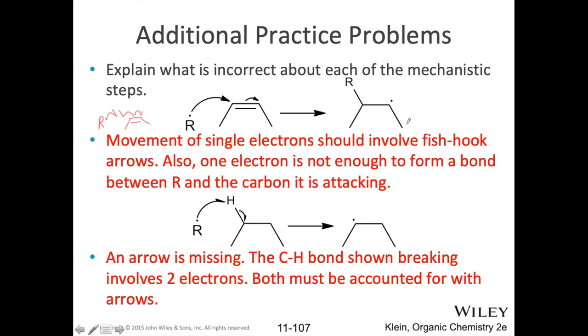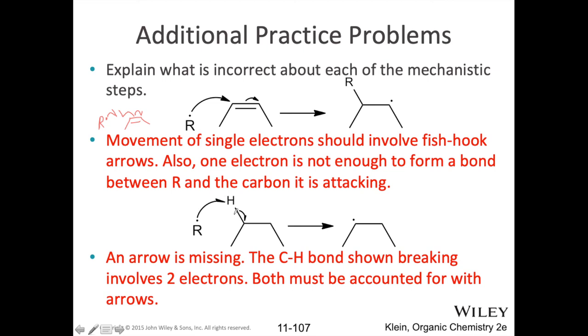All right, and then for this last one, here it looks like they're trying to do a hydrogen abstraction. So you've got a single fishhook, a single barbed arrow trying to form a bond. I think that's the key thing where we're going wrong with these. You always need 2 fishhooks to come together if you're forming a covalent bond, because you need 2 electrons for a covalent bond. You can't form a covalent bond with 1 electron.